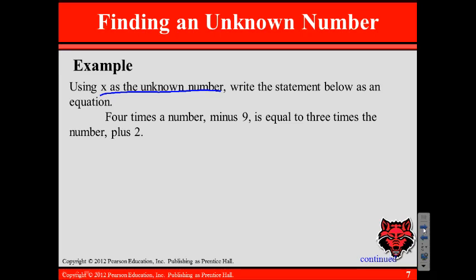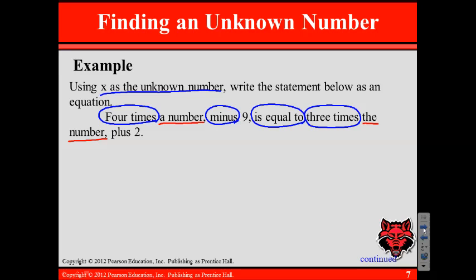So again, in this case, we're told that x is the number. Let's go through the same way we have before and underline that phrase. The number. We will now go through and circle any of those mathematical operator terms. 4 times minus is equal to 3 times plus.